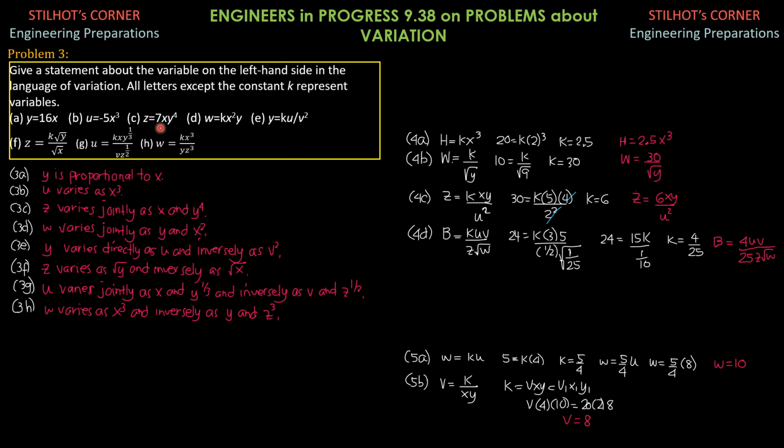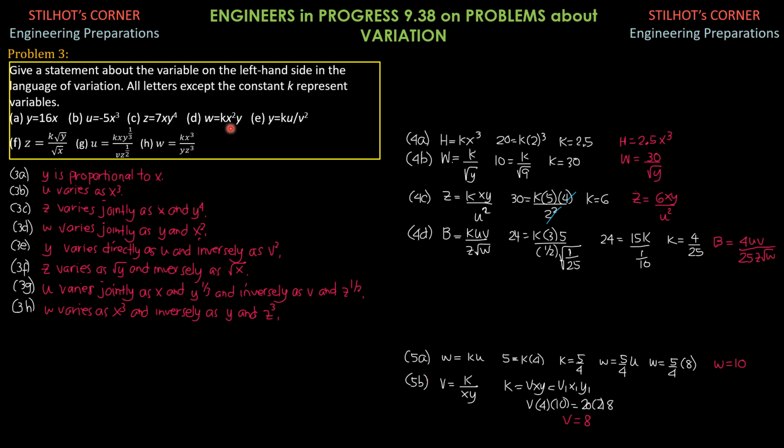For part C, we can say that z varies jointly as x and y to the fourth. z varies jointly as the product of x and the fourth power of y. So those are the possible statements. Then D, w varies jointly as y and the square of x, or vice versa.